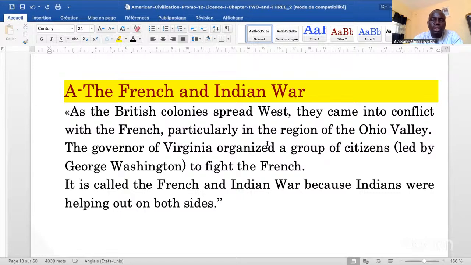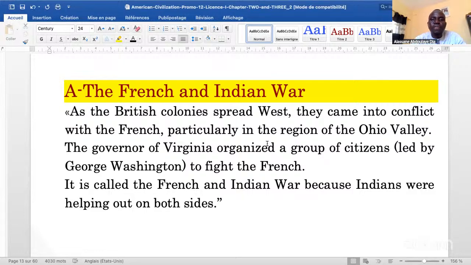So you see here, there was a war that was called the French and Indian War. And as it is said, the British colonies spread. It means there was a big expansion. The British colonies were trying to go to the west to grow. So when they tried to grow to the west, they came into conflict with the French. At a certain moment, they clashed with the French colonies, in the region of the Ohio Valley.